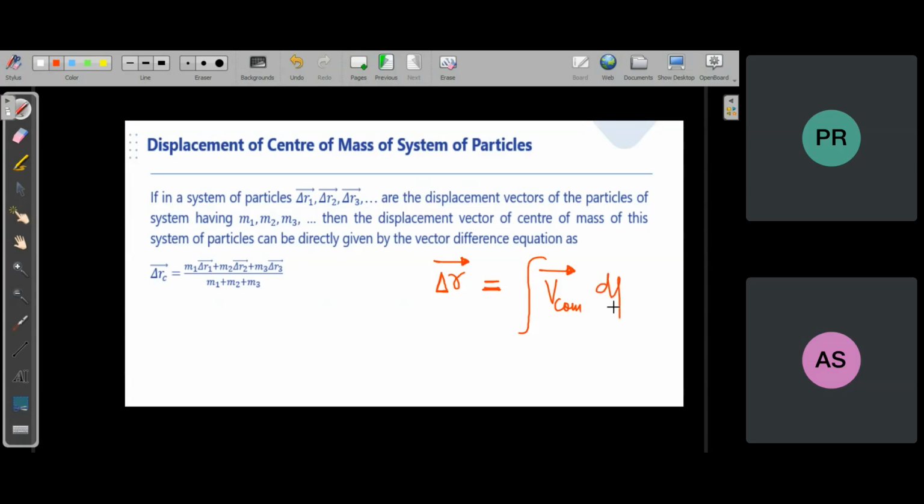So in any small time, if I have to find the displacement of the COM, I will use this formula, from 0 to whatever the time is. I will integrate and I'll get this.